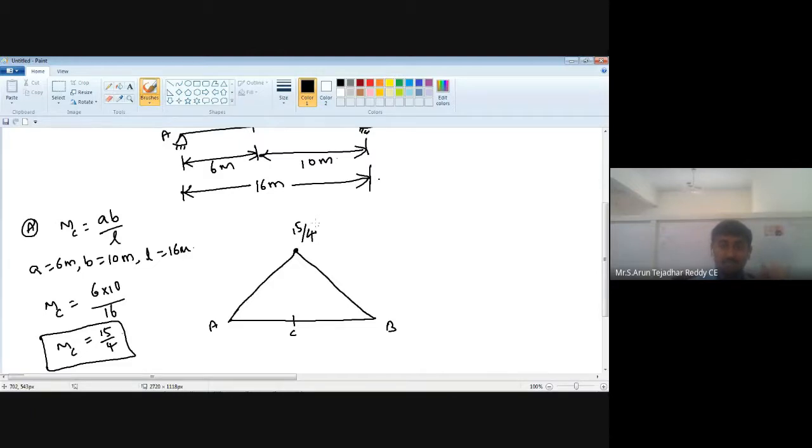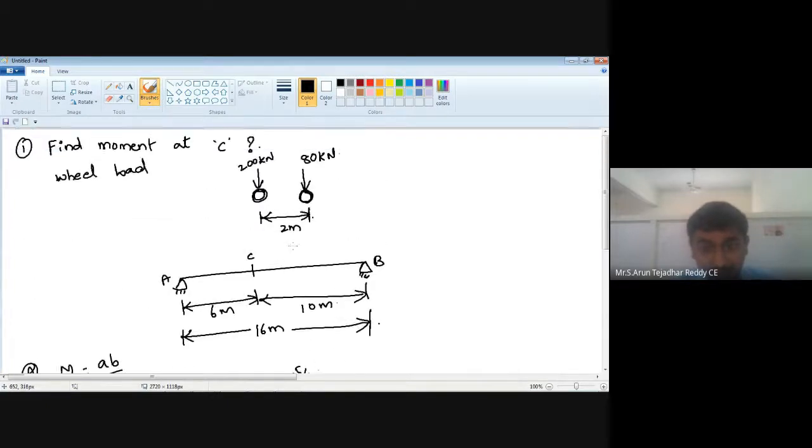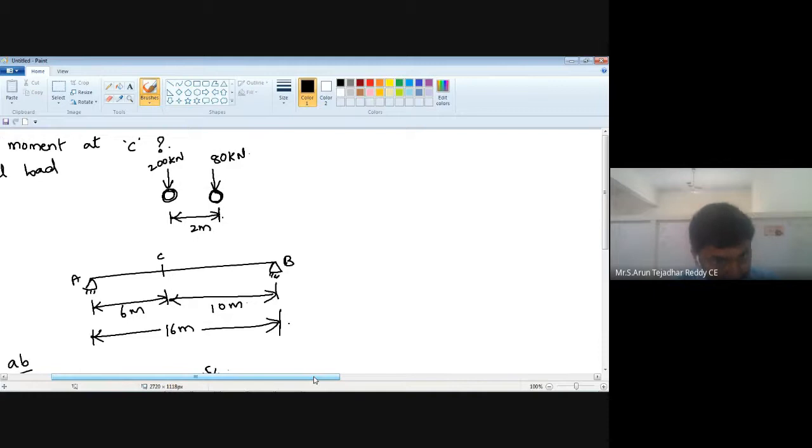But this value is for reference purposes only. This is not final. This 15 by 4 is without load. Then we will include the wheel loads.